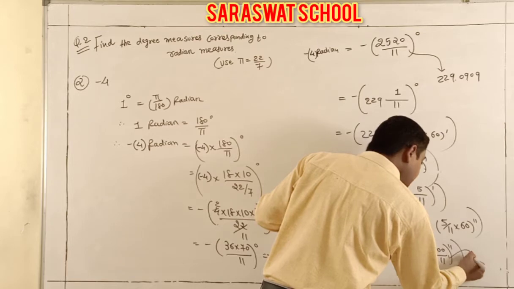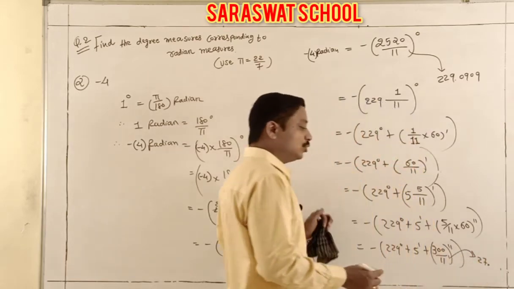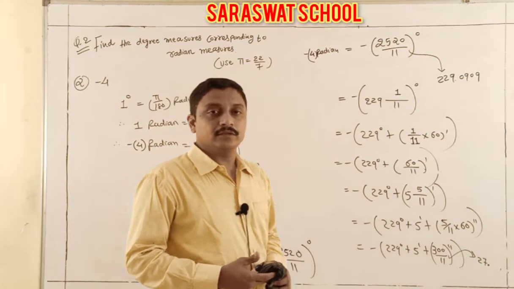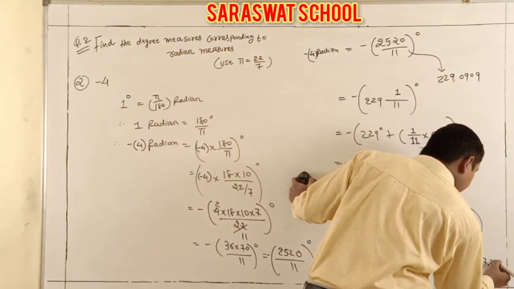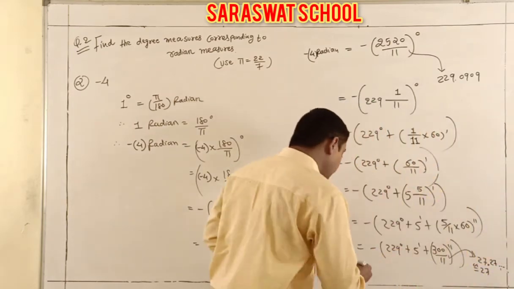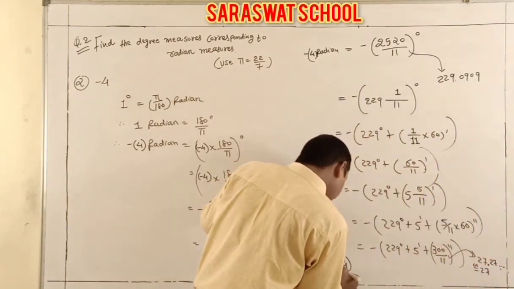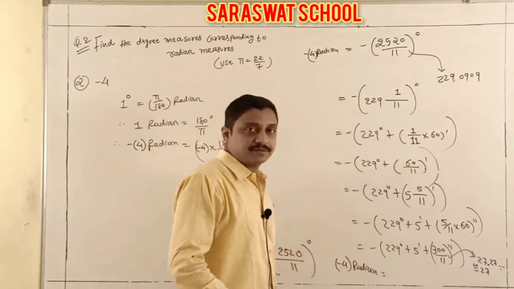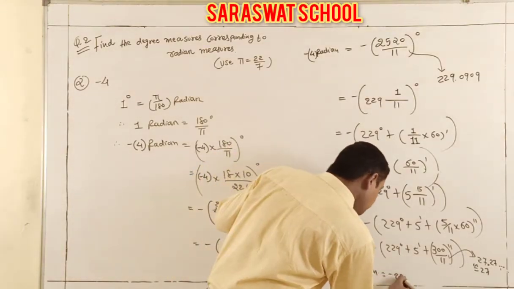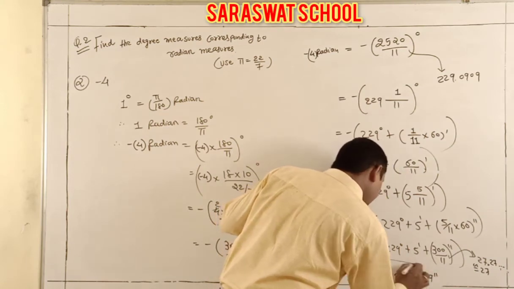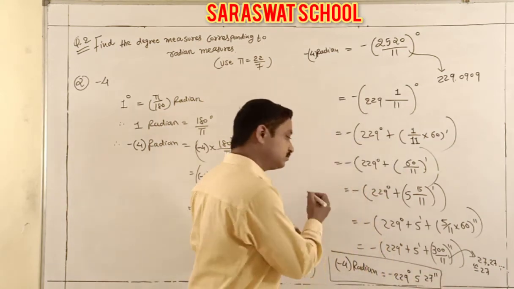And 300 by 11 seconds is just about 27 point something, near the value 27.27. So it is approximately 27, students. So my answer for -4 radian: here I am done. My answer is -229 degree 5 minute and 27 second.